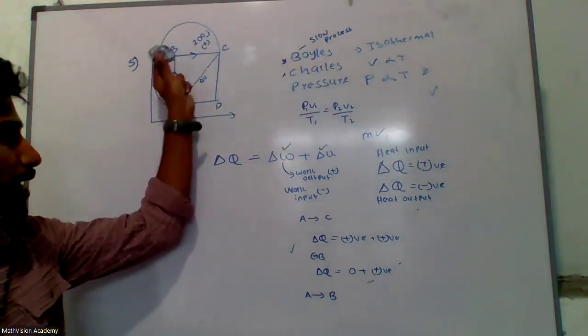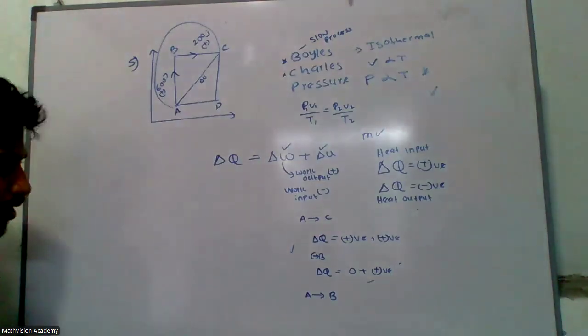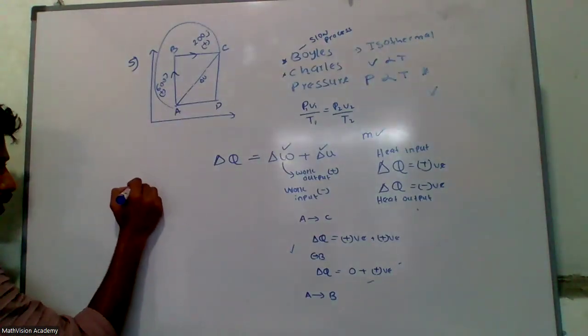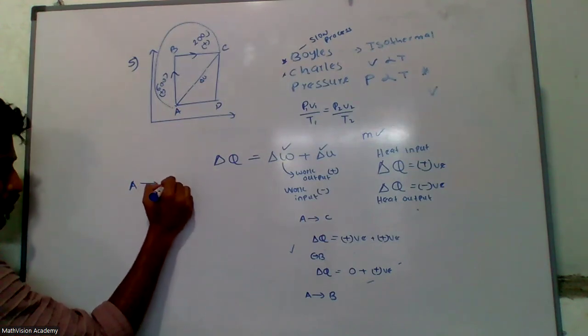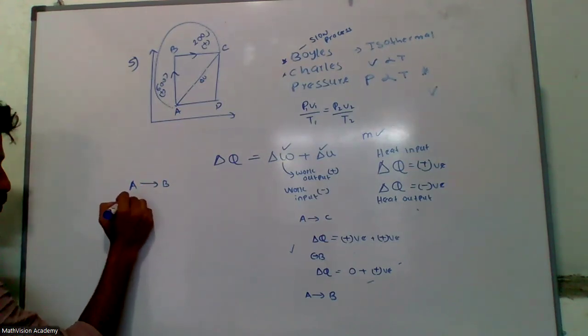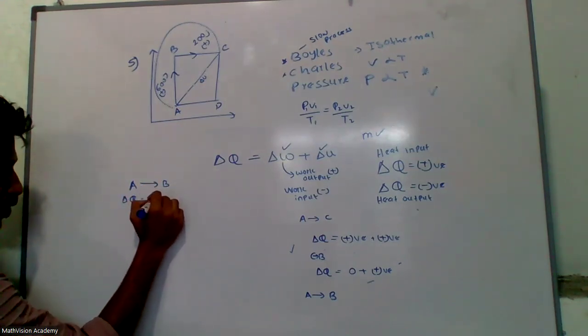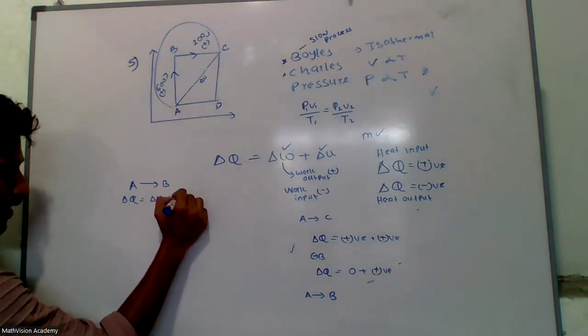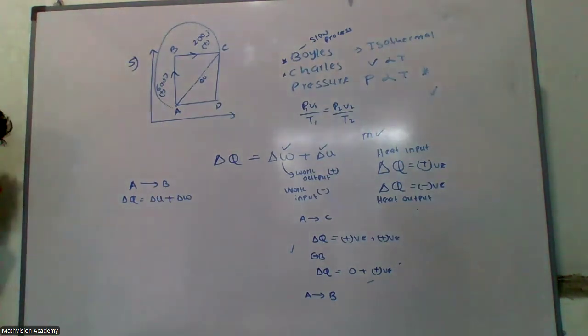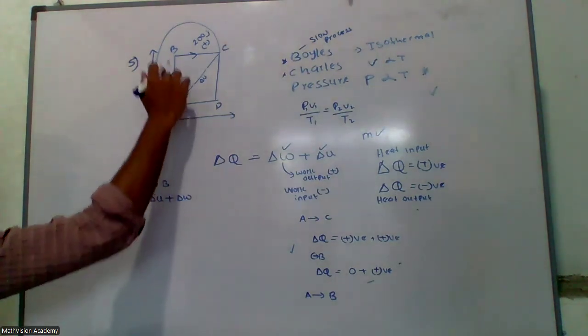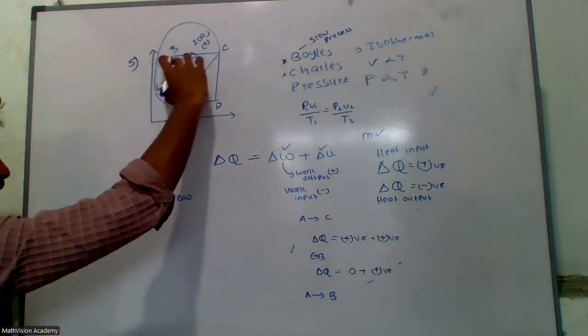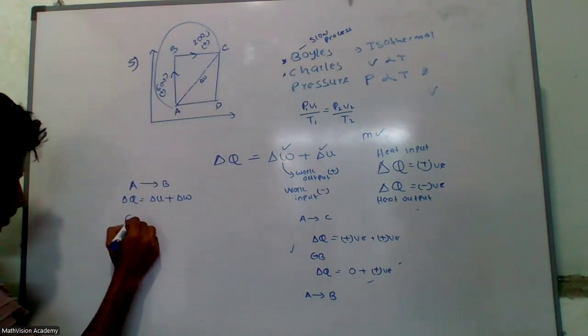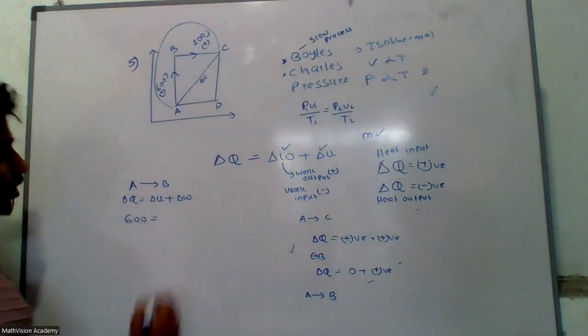But before that, let's try to work on this. If I write an equation for A to B, delta Q is equal to delta U plus delta W. Now the heat change is 600. There is a heat input, that is positive, 600.